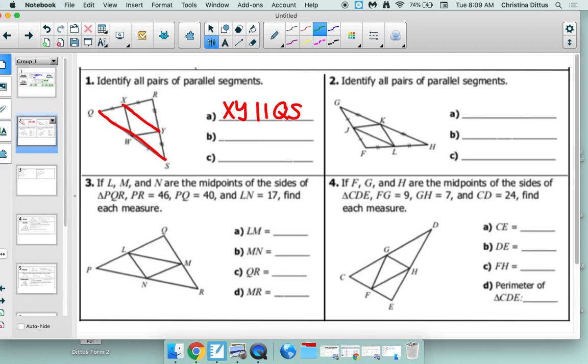Then we got this guy, WY. What side is it parallel to? QR. There we go. So WY is parallel to QR. And the last midsegment of the triangle, XW, and which side? RS, yeah.